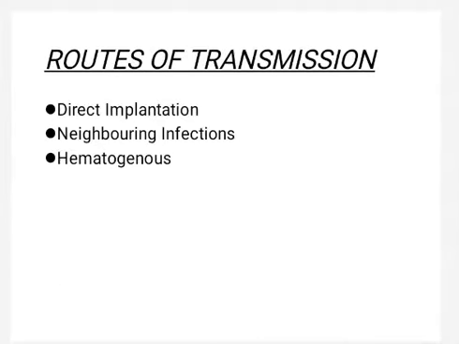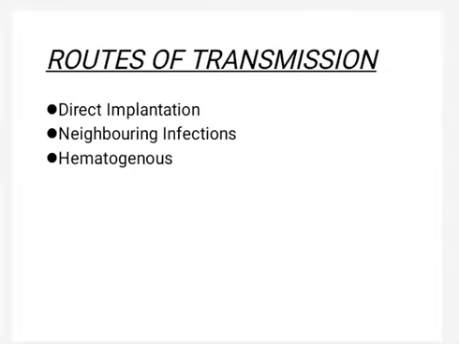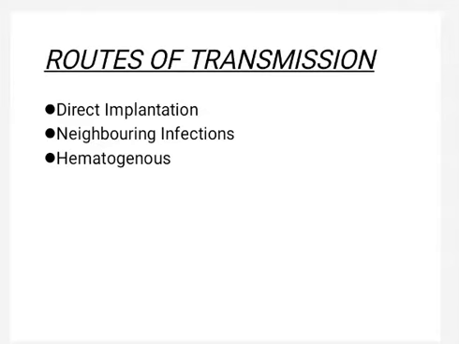Now coming to the routes of transmission. We already discussed that CNS infections can be due to viruses, bacteria, fungi, or parasites, right? In the case of meningitis, it can be due to bacteria, virus, and fungi. So let us see how these microbes are transmitted into the brain. The first route is direct implantation.